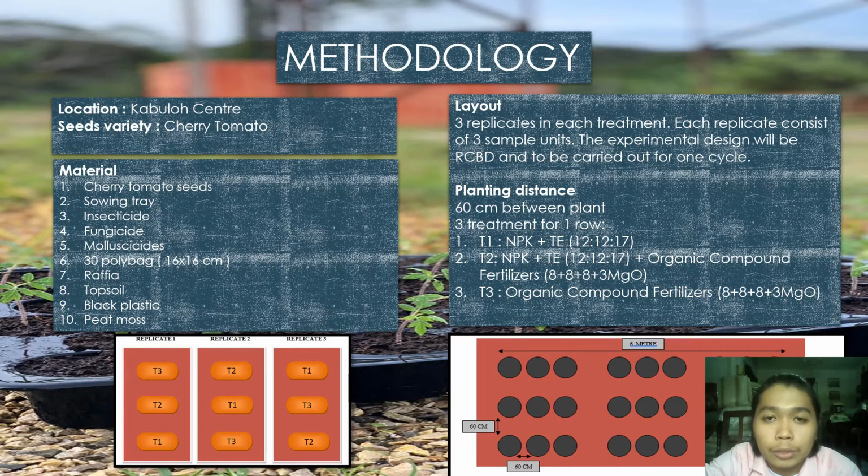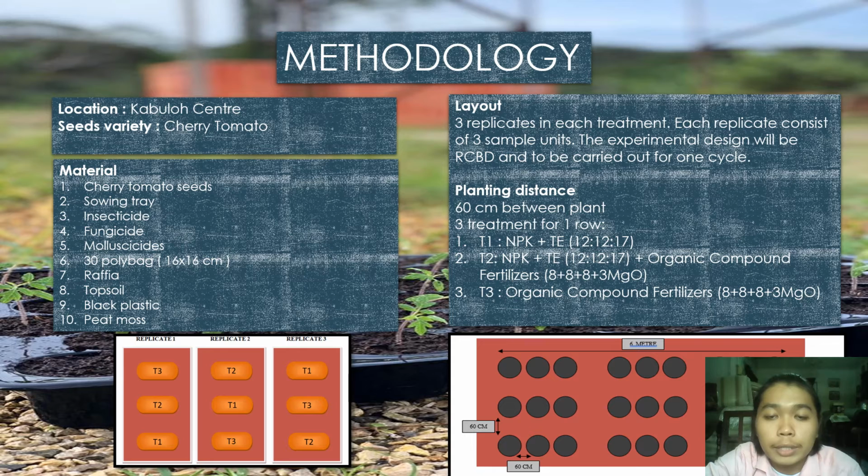For my methodology, my special project was done in Kabuloh Center. For the material, I use cherry tomato seeds, sowing tray, insecticide, fungicide, molluscicide, 30 polybags, raffia, topsoil, black plastic, and peat moss. For my planting distance, I use 60 centimeters between plants.